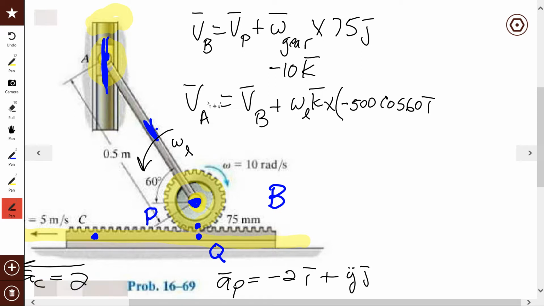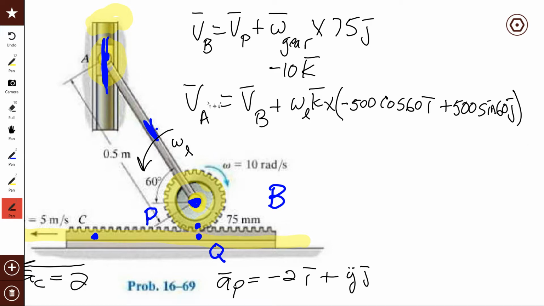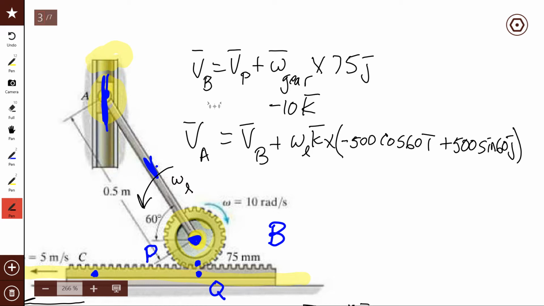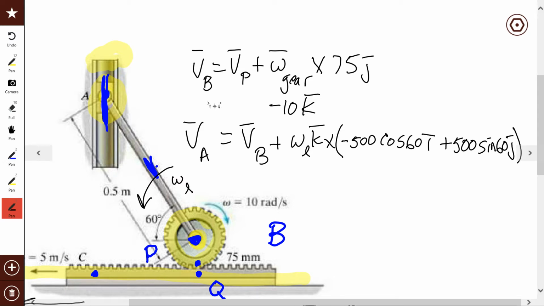And then it goes up, plus 500 sine 60 up. It'll come out in radians per second. Why are you doing 500? Because it's half a meter. Oh, crud. Right, 50. Okay, 50.